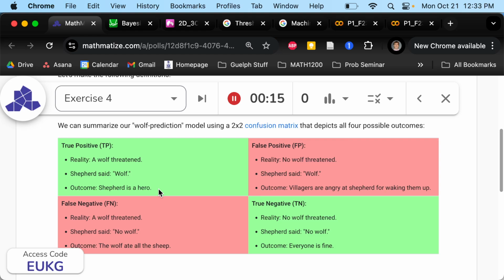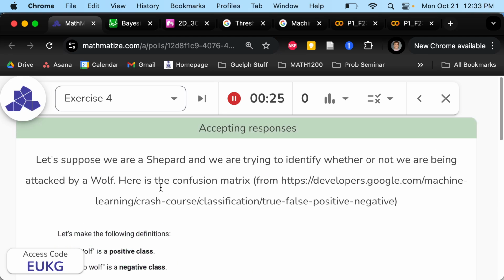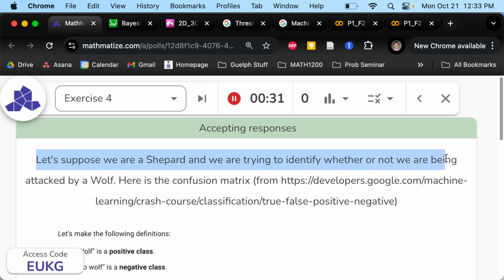Obviously, if something is really class 1, we classify it as class 1, that's good. If it's class 2, we classify it as class 2, that's good. But in real life, sometimes things are asymmetrical. And here is the most asymmetrical thing I can think of. Suppose you are a shepherd, and you are trying to identify whether or not we are being attacked by a wolf. You're in the mountains, you have all your sheep around you, and there's a fuzzy blob in the distance.